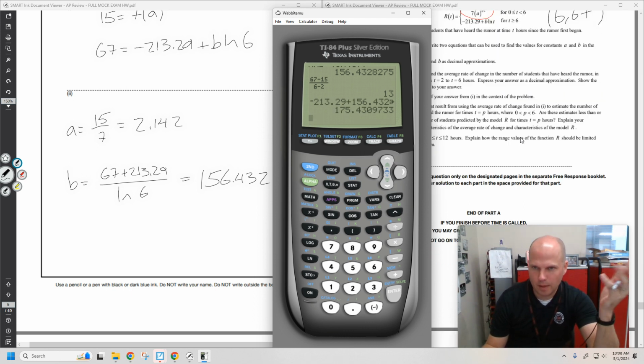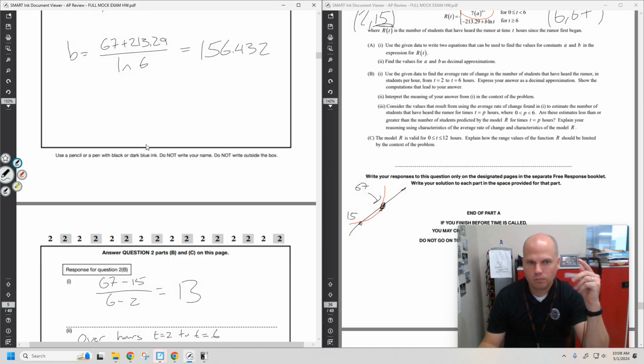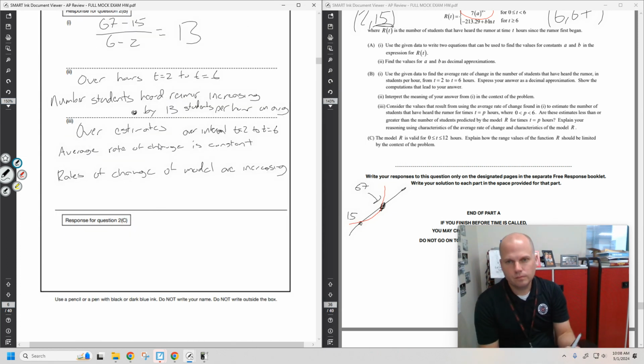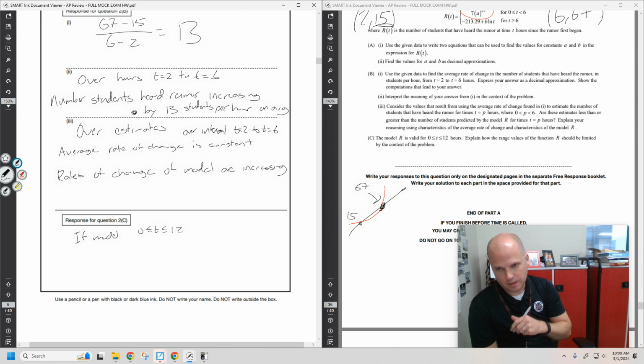That's a reasonable number. If the model is from 0 to 12, the maximum number of students that heard is 175.